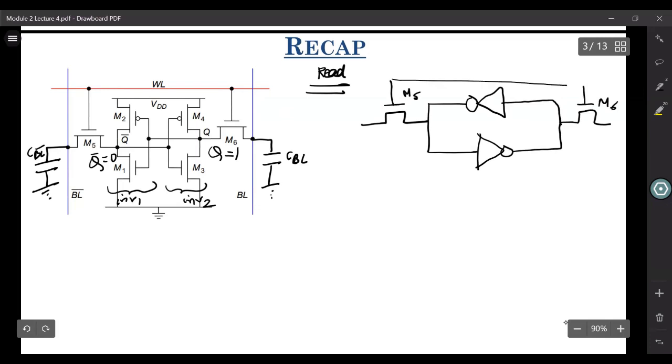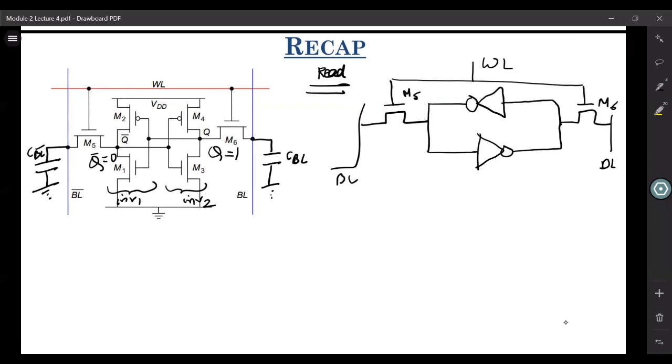These are connected to BL, these are connected to word line. This is BL bar and this is BL. This was Q, this was Q bar. And for our case, we assume that Q is equal to 1, it's at logic 1 and Q bar is at logic 0.